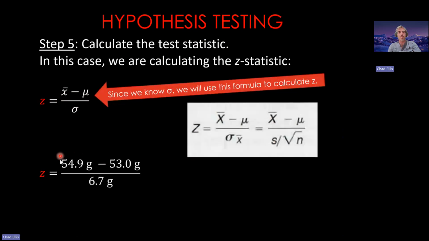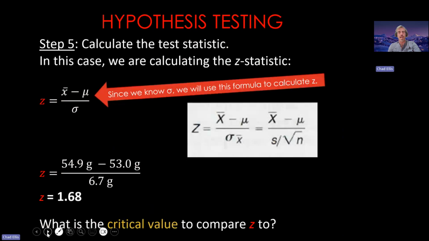In our case, our sample is 54.9 grams minus the population mean divided by the standard deviation of the population. That gives us a Z-score of 1.68. But now we have to figure out, what are we going to compare that Z-score to? What's going to be our critical value?